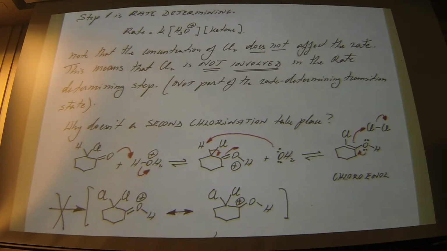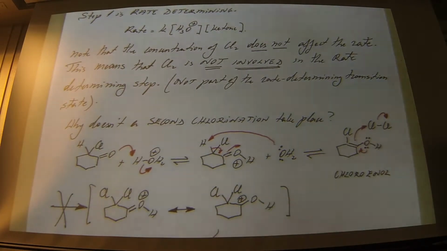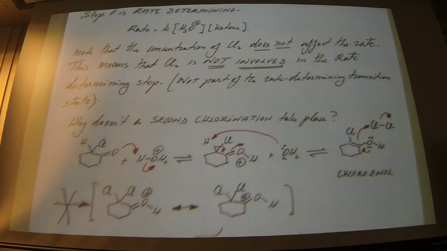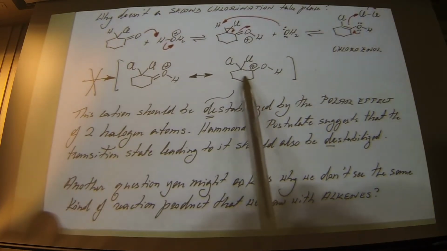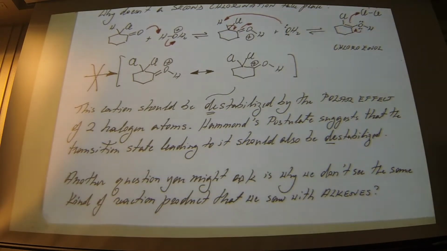And so the transition state leading from here to this unstable cation is also high in energy, and so this doesn't happen. Hammond's postulate again says that the transition state leading to that unstable cation is also not stable, therefore we don't see it. So bottom line, acid catalysis, one chlorine goes in. Second one doesn't go in. Why? Because the cation you have to generate is no good. It's unstable.